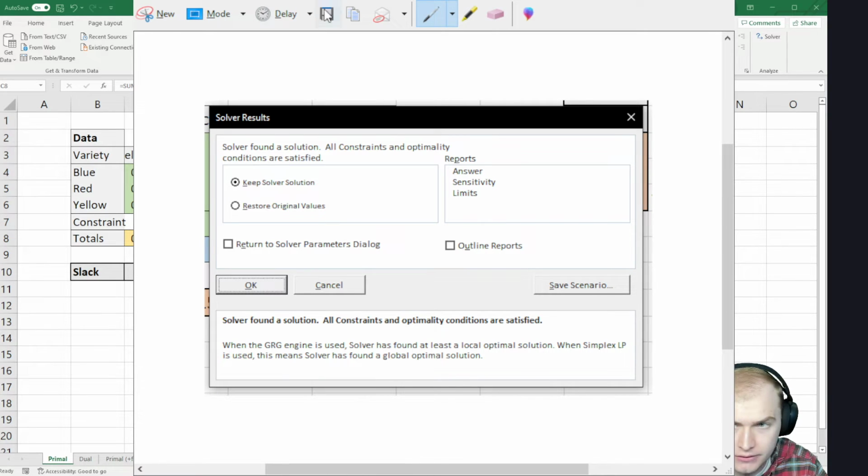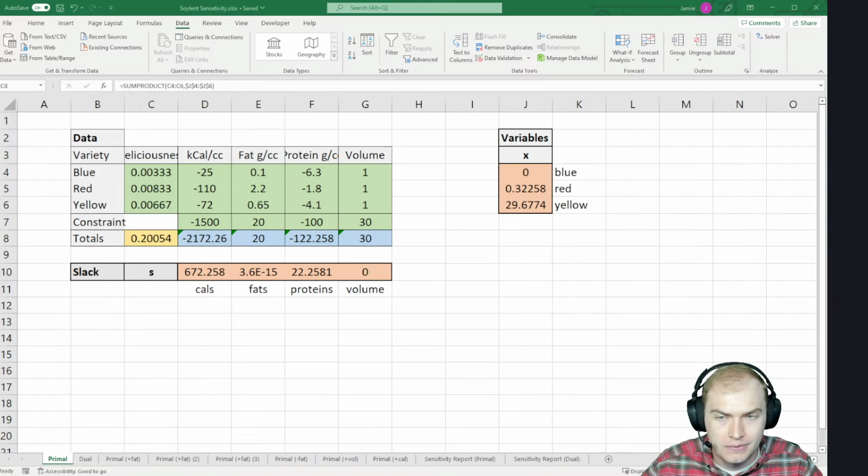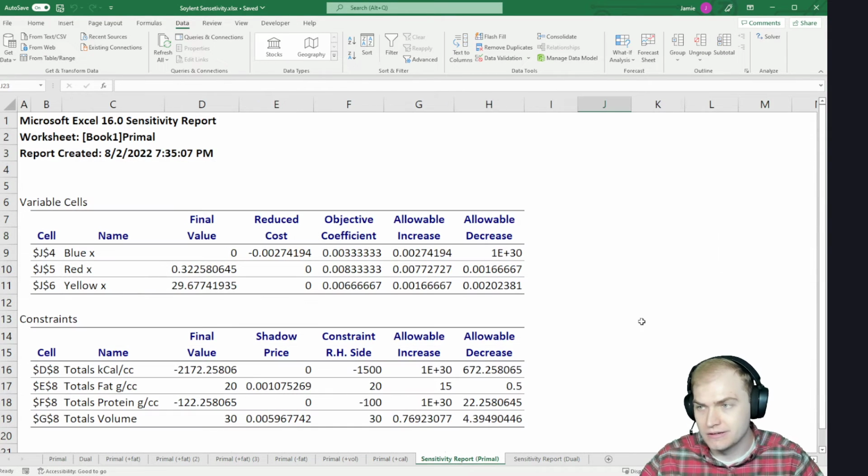So over here we can ask for a few different reports. If you click on sensitivity and then press OK, it is going to print out something that looks like this.